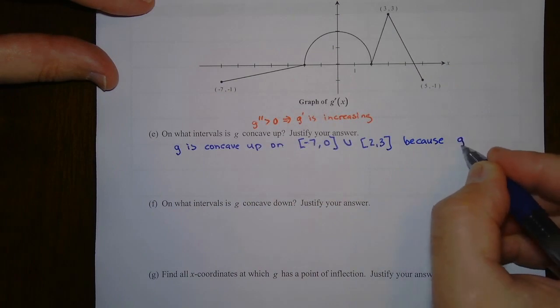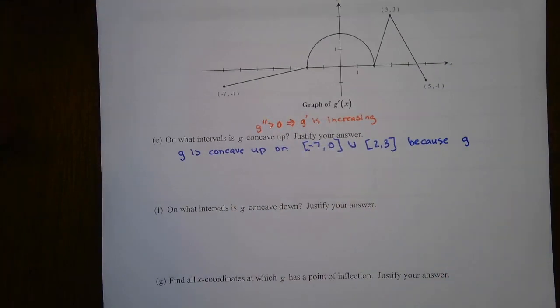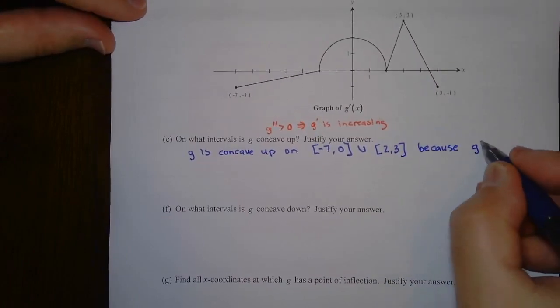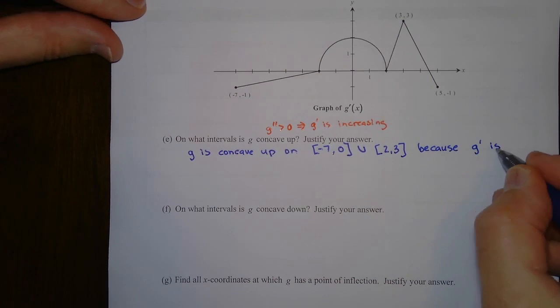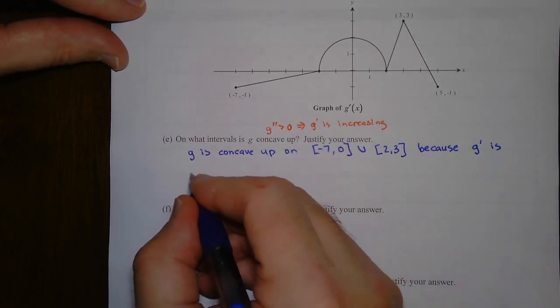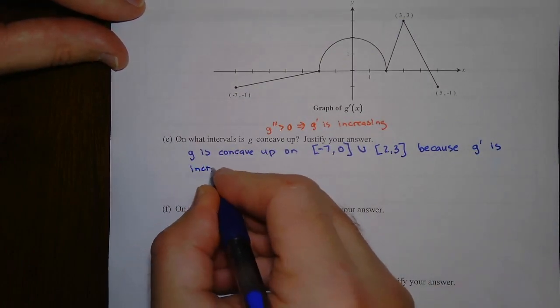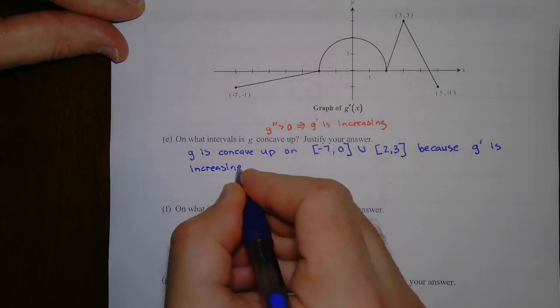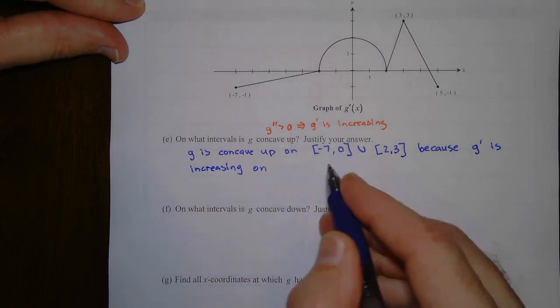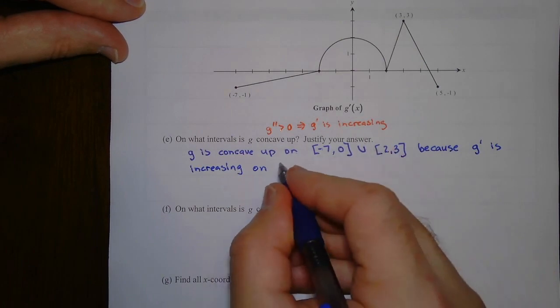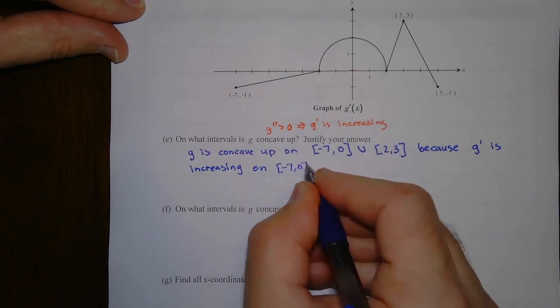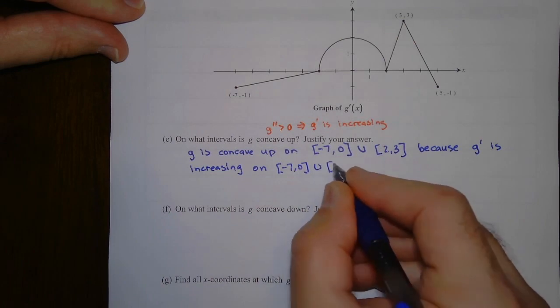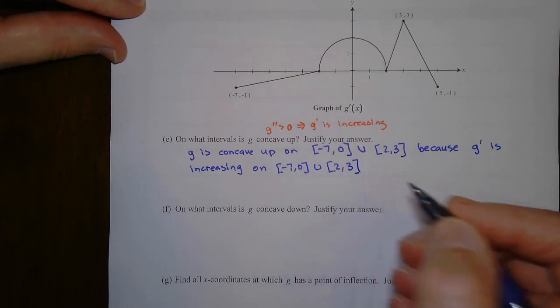Now, all of our justifications, because we're looking at the graph of g prime, all of our justifications have to be using g prime, okay? So it's because g prime is increasing on, and we would actually write the same exact interval, okay? So -7 to 0, union 2 to 3, okay?